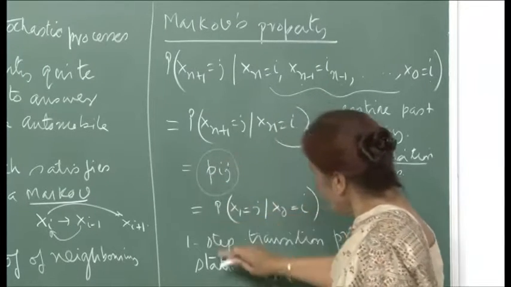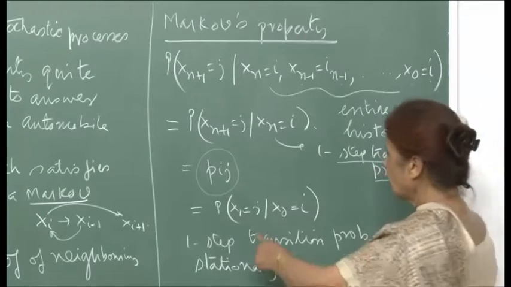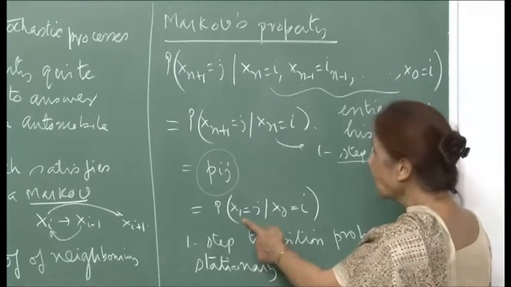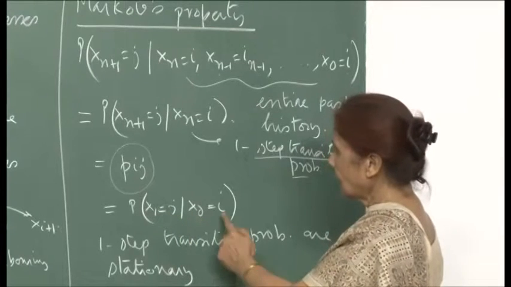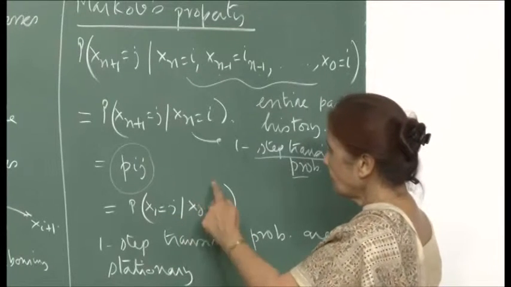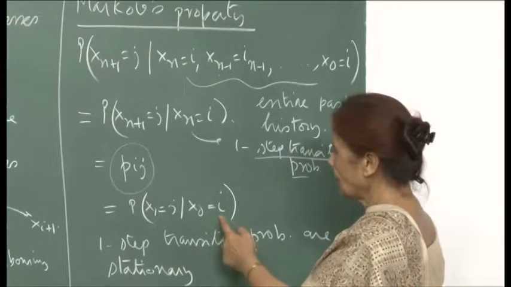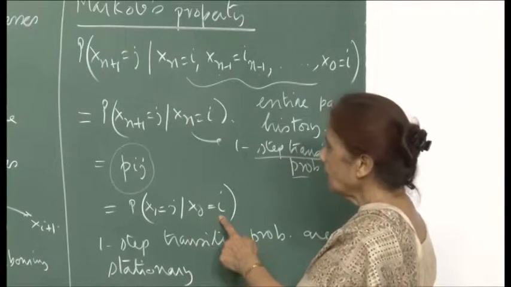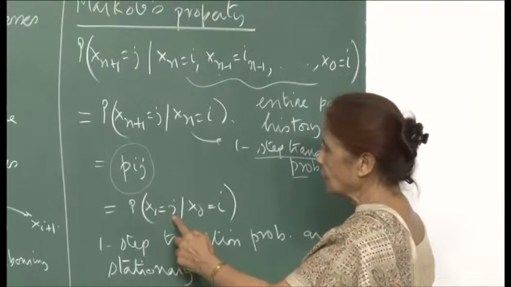I am not writing anything else here because I am making one more simplification. We are saying that this is actually equal to the probability of X1 equal to j, given that X0 is i. That means if the system starts in state i, then in the next period it is in j.